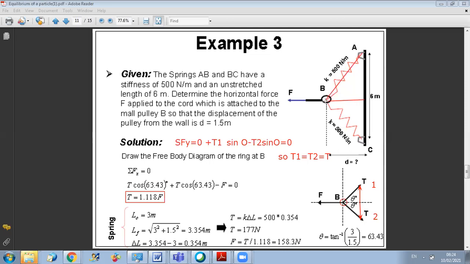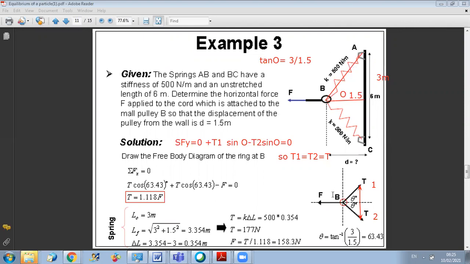I already know the distance here is 1.5, and at the initial position, since the cables are unstretched, the length of each is 3 meters. So tangent of theta is equal to 3 over 1.5.